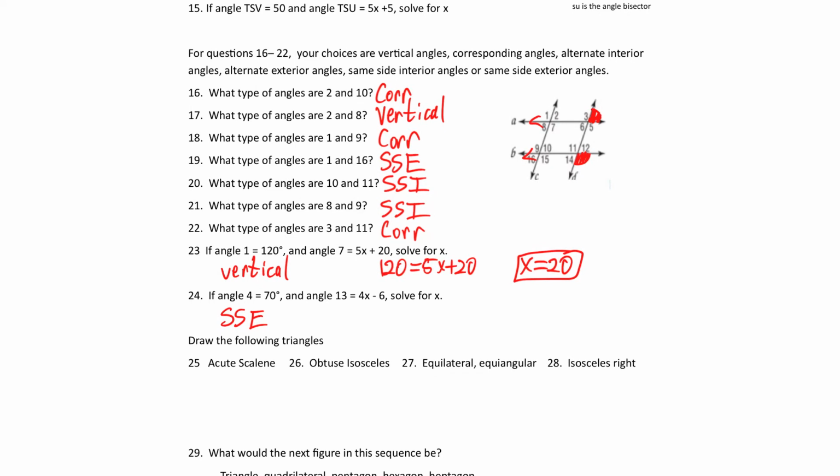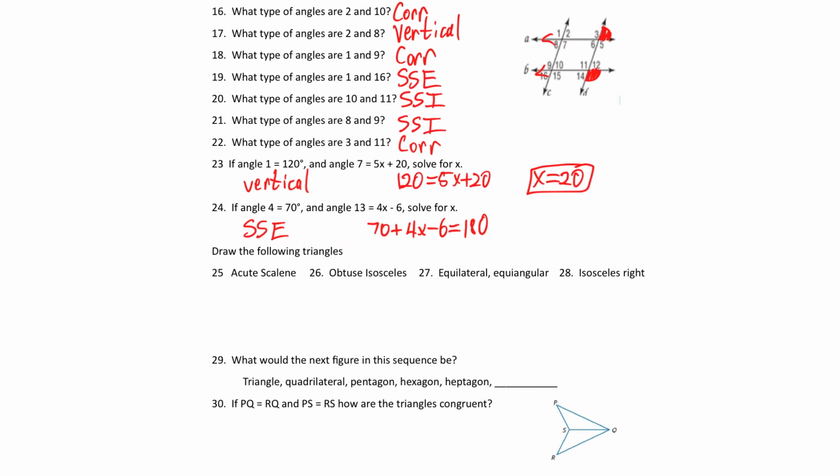They add up to 180. They're supplementary. So it should be 70 plus 4x minus 6 equals 180. I'll just write this. So 4x plus 64 equals 180. Subtract 64, that gives you 116. And then 116 divided by 4 is 29.